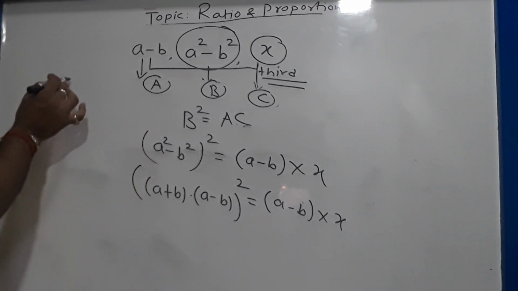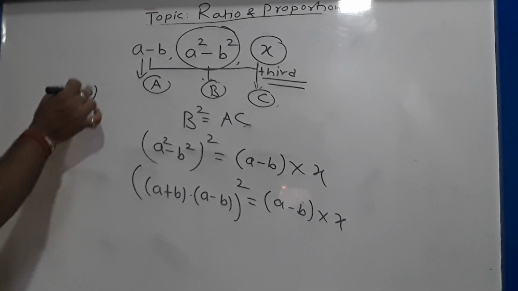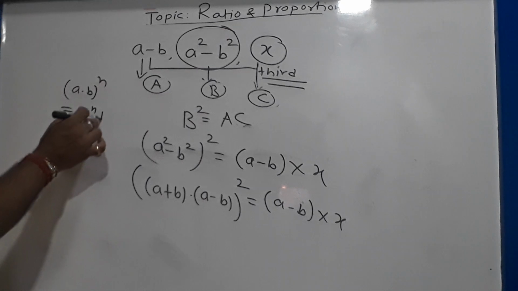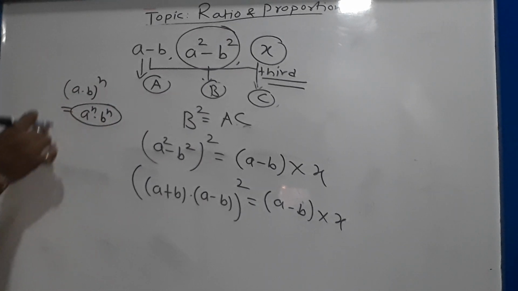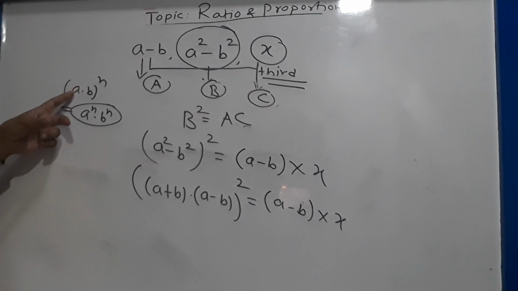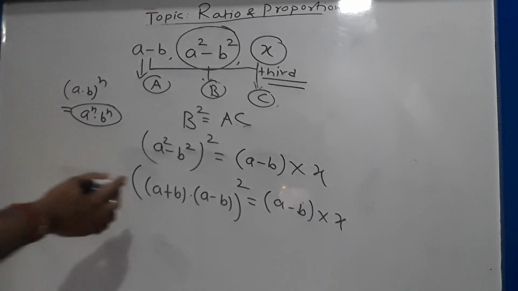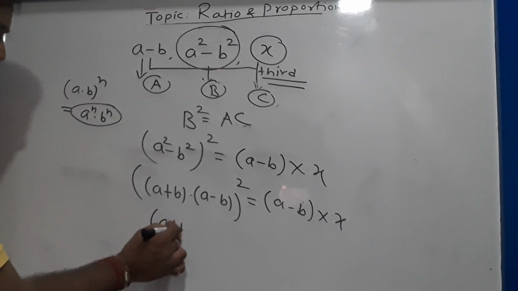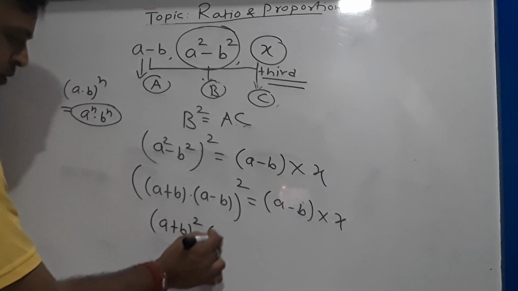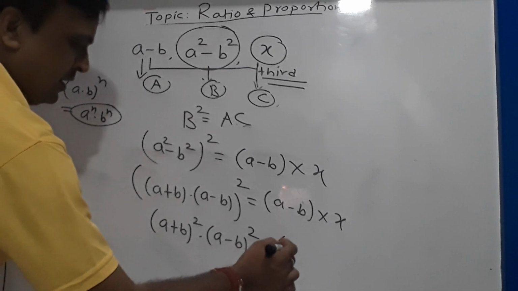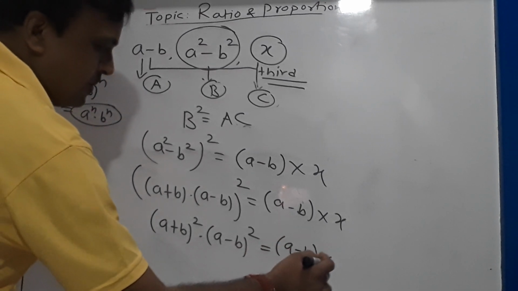So use the result (A into B) raised to N whole power: split the power, A power N into B power N. Take the power N with each term inside the bracket. So whole power 2, this I can write as (A plus B) power 2 into (A minus B) power 2 is equal to A minus B into x.